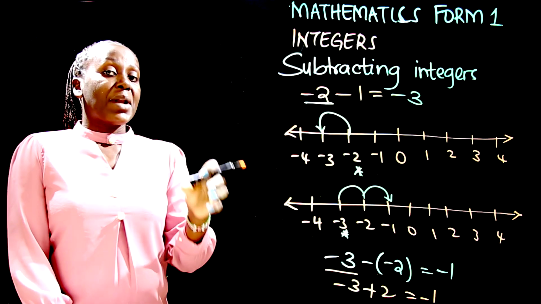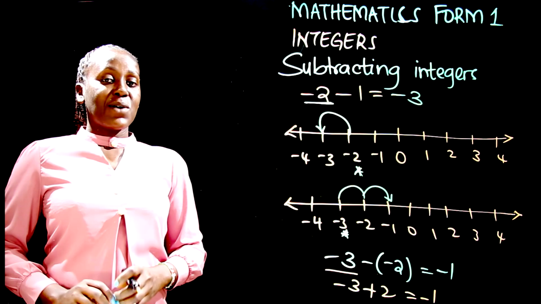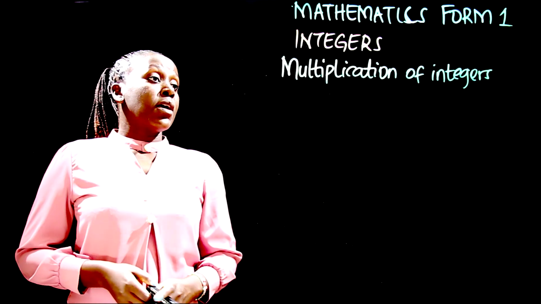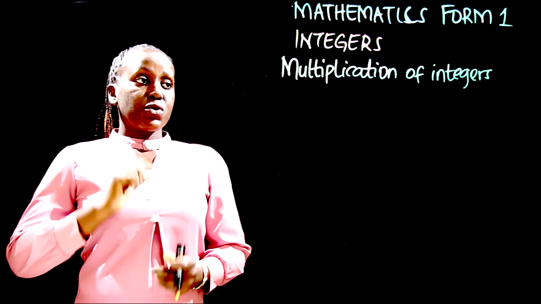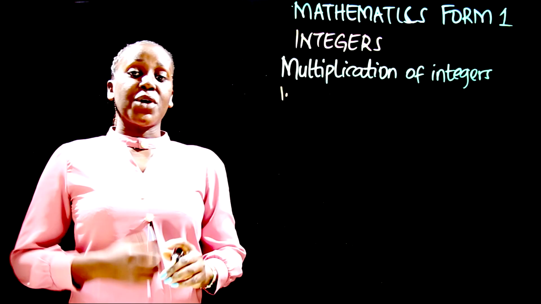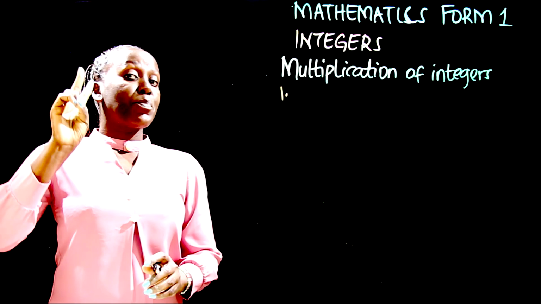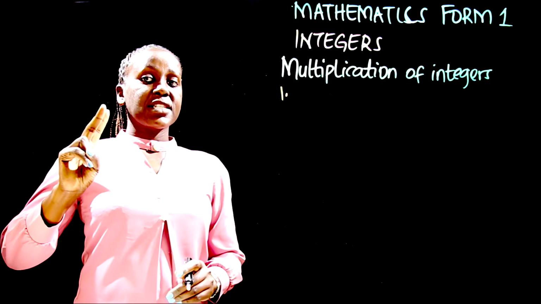Okay? Now we have learned how to add and subtract integers. How do we multiply and divide integers? Let's look at that. Now when multiplying integers, we have 3 rules that we use to guide us. Number 1 is that when you multiply 2 numbers that are positive, you get a positive answer.